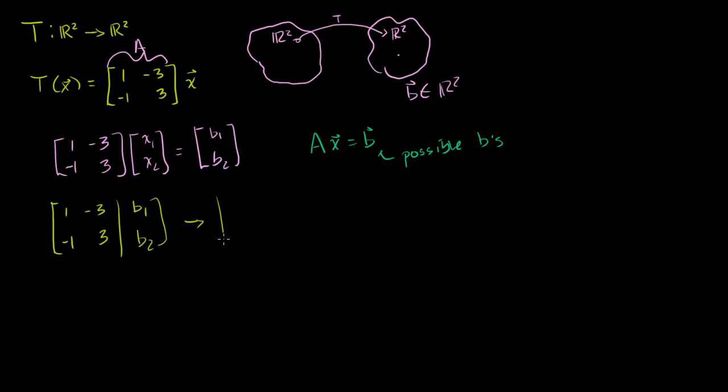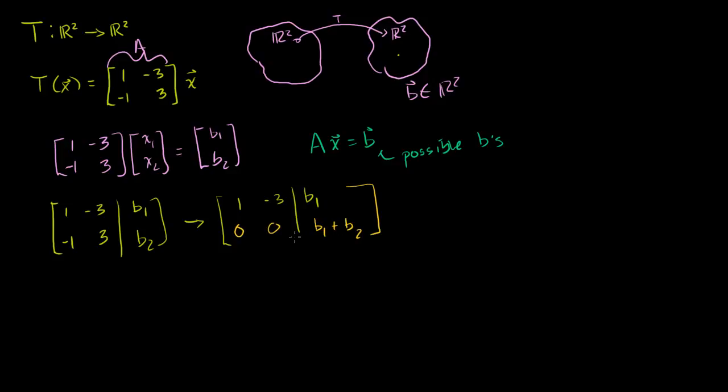So how can we do that? I'll keep my first row the same: 1, -3, and then b1. And then my second row, I'll replace it with my second row plus my first row. So -1 plus 1 is 0, 3 plus -3 is 0, and then b2 plus b1, well, I could just write that as b1 plus b2.